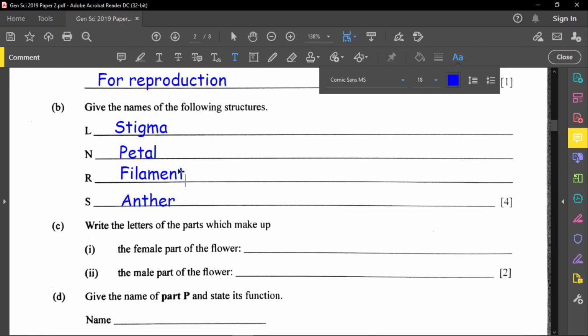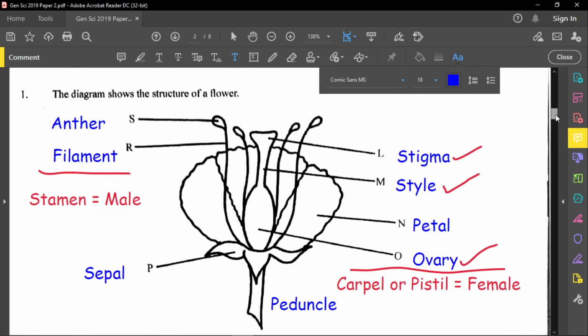All right, great. And I want to point out as well, whenever the exam says names, please put names. When they say use letters, for example, part C says write the letters of the parts which make up, please remember, when it says letters, please write letters, not names. Okay, so be careful with that. So for the female parts of the flower, let's go back and see exactly what those parts are.